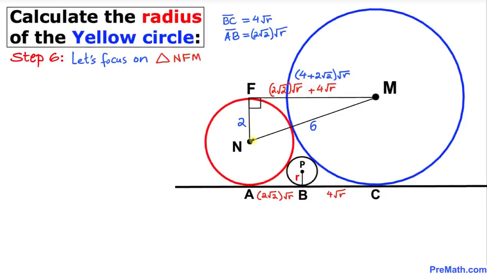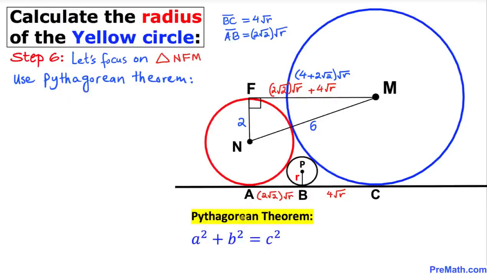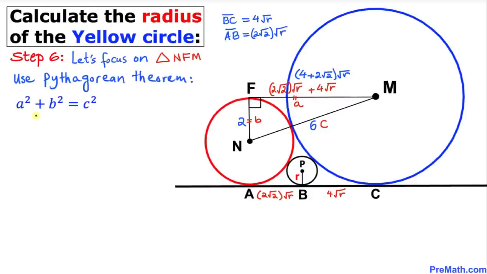And since this triangle NFM is a right triangle, we are going to use the Pythagorean theorem. And here is our Pythagorean theorem: a square plus b square equal to c square. In our case, I am going to call this side A, this side B, and this longest leg is going to be side C. And here's our Pythagorean theorem.